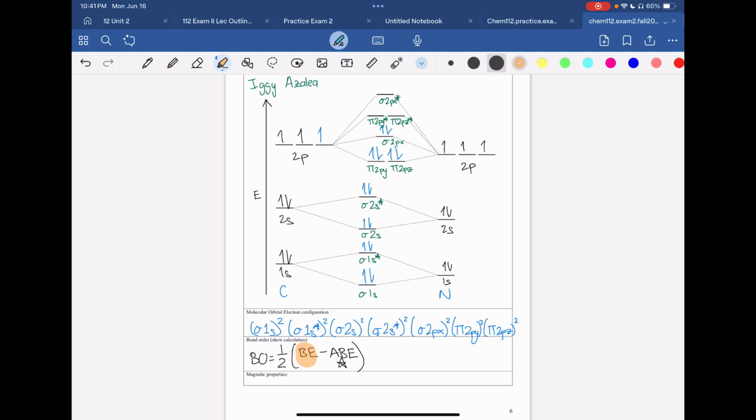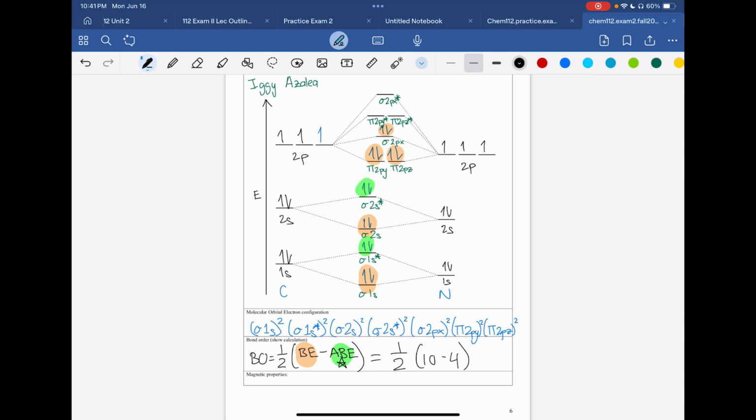Your bonding electrons will be orange, and your anti-bonding is green. So, your bonding electrons are 2, 4, 6, 8, 10. Okay, so this is just 1/2 of 10 minus anti-bonding is 2, 4.